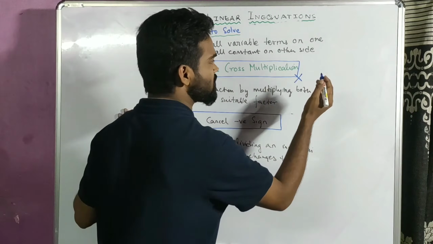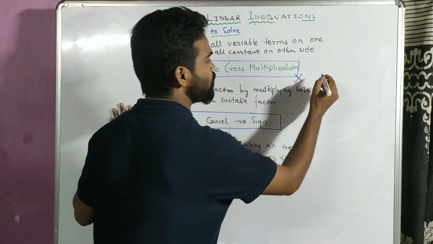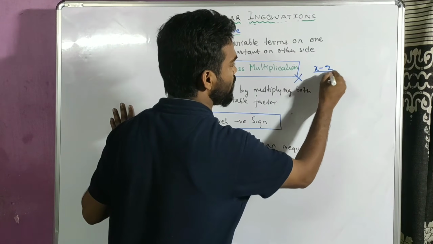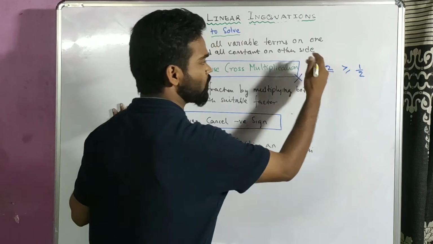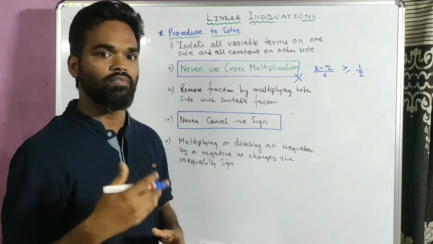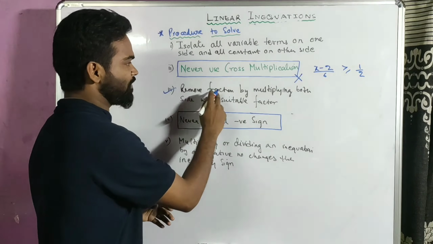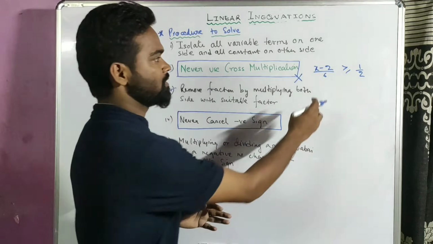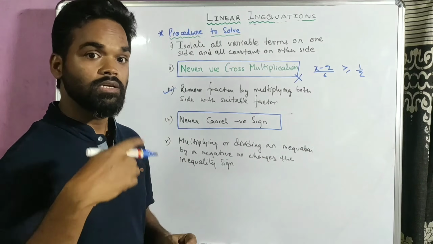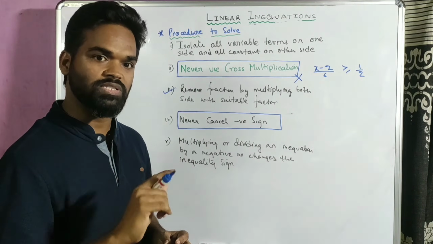So now the question arises, if something is in fractional form, suppose (x minus 2) by 6 greater than or equal to 1 by 2, and we don't cross multiply, how do we solve? Remove the fraction by multiplying both sides with a suitable factor. For 6 and 2, the LCM is 6, so you multiply both sides by 6.